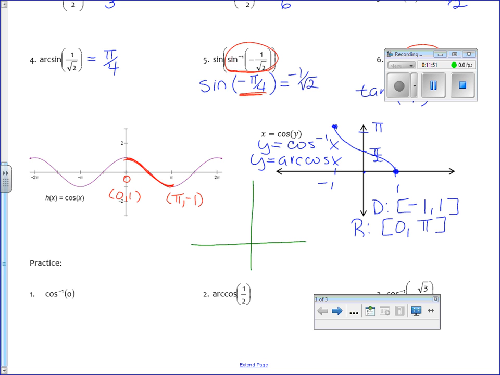That means we're going to look from 0 to pi. Our positive values, just like sine and tangent, are going to come from quadrant 1. So we're looking at 0 is fair game. We're looking at pi over 6, pi over 4, pi over 3, and of course pi over 2 is fair game. If we're looking for negative values, now those come from the second quadrant.